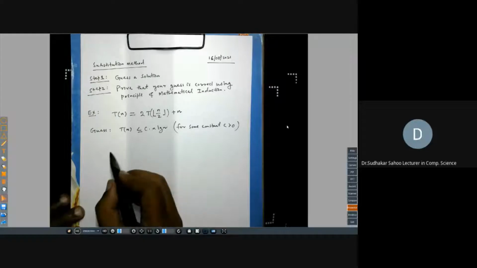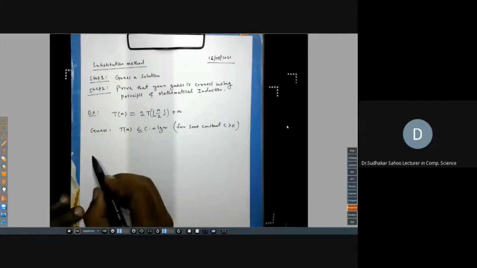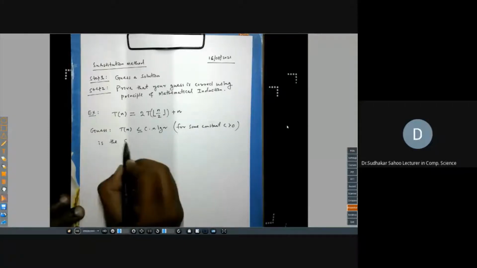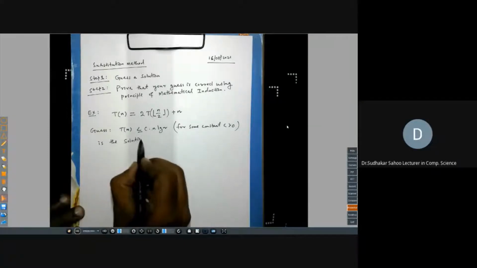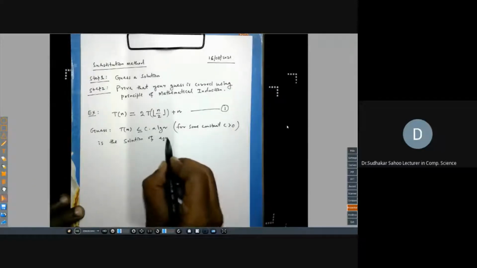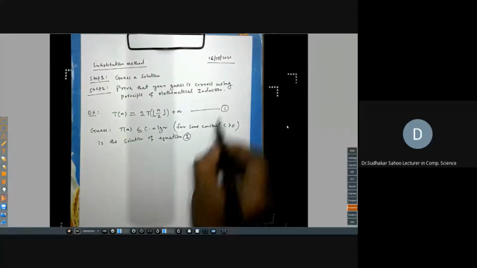Let us guess the solution of this equation is this one. Guess T(n) less than or equal to C n log n is the solution of, say, this is recurrence equation 1.